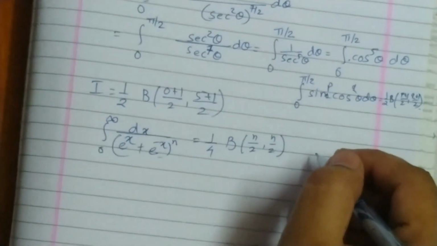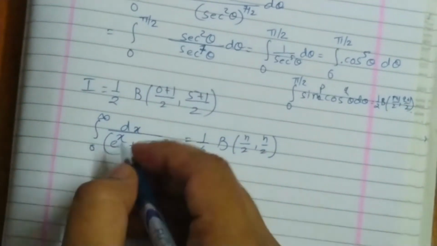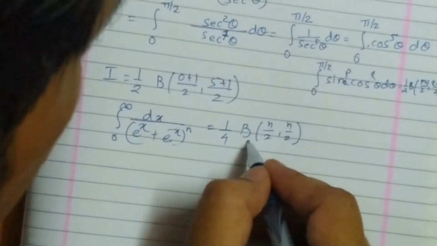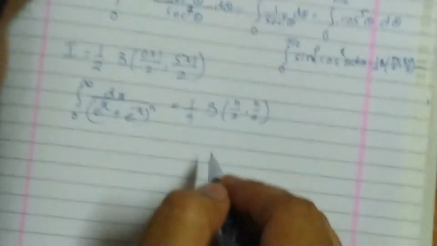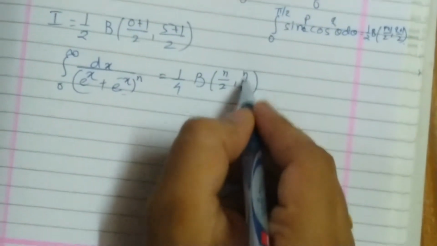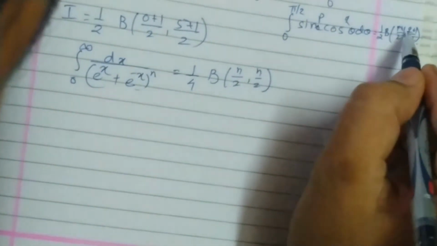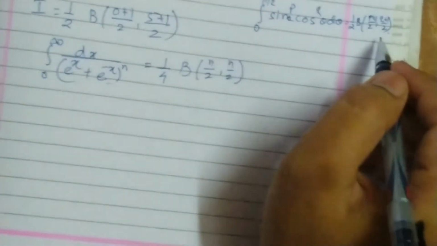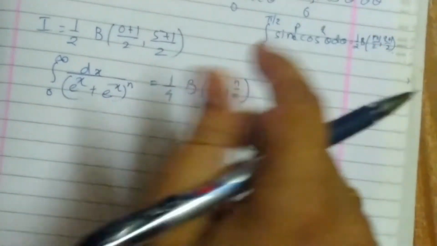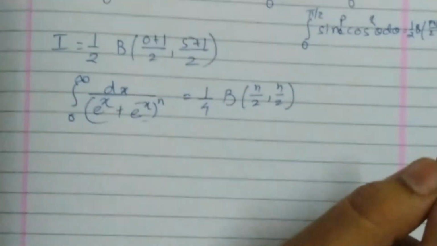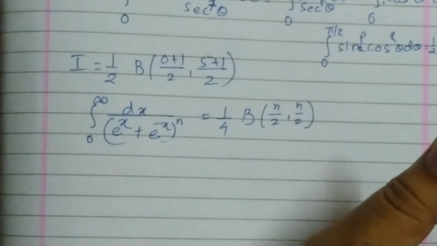Now if you just look at the problem, here the limit is from 0 to infinity, and the answer expected is in the form of beta. Beta of n by 2 comma n by 2 is expected. The divided by 2 comes only in the case of p plus 1 by 2, q plus 1 by 2. So taking this as an advantage, I would like to reduce this integral in terms of the second form of the beta function.